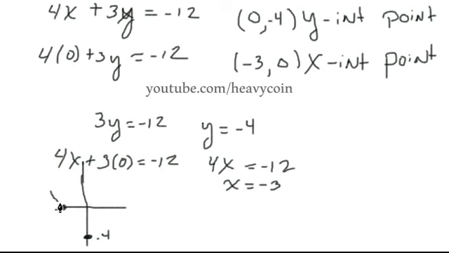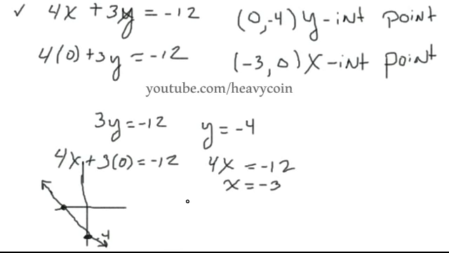And so we would just connect the dots, and we just drew the graph that corresponds with this equation right here. Okay. So remember, find the y-intercept point, the x-intercept point, or whichever one you want to find first, and plot your points on the graph and connect the dots.